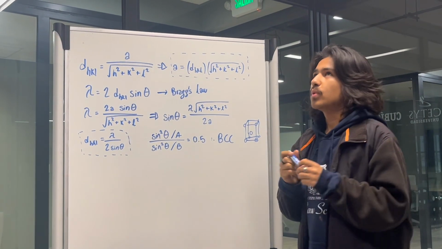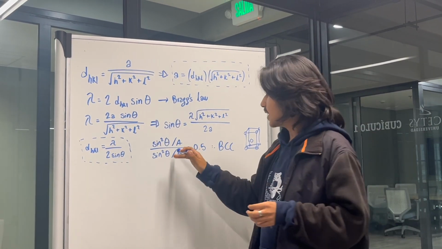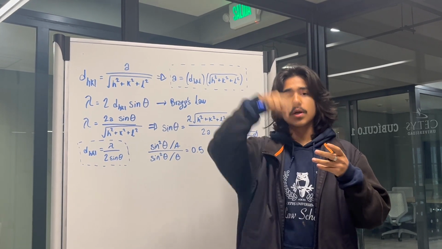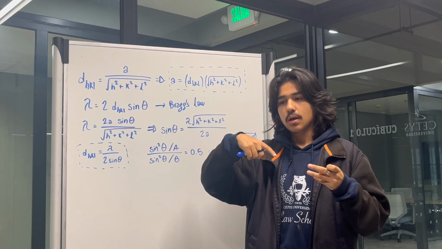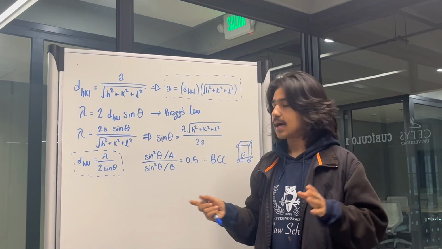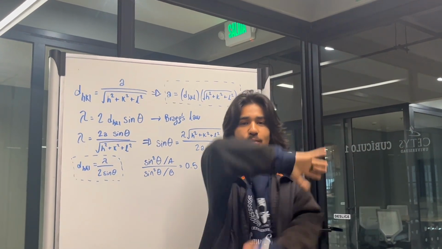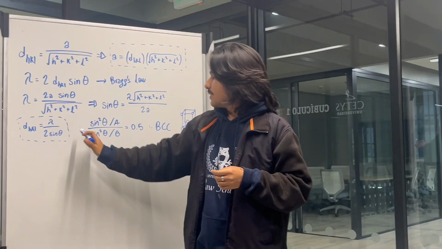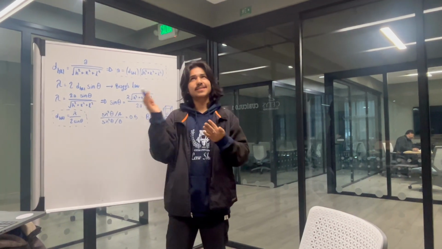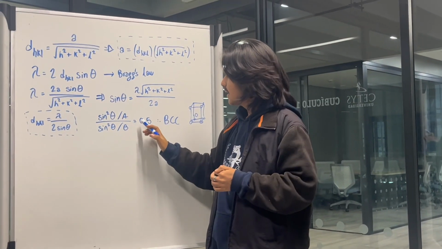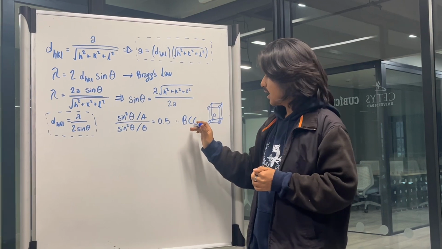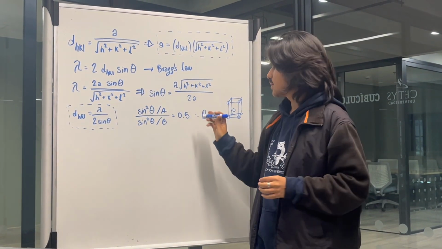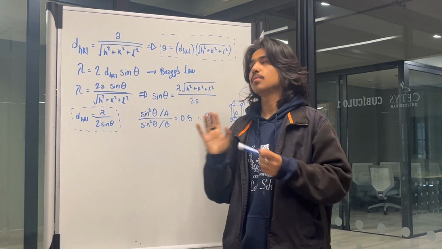First of all, we learned in class that the squared sine of theta at one peak of the X-ray diffraction graph that Vesta showed, divided by the squared sine of theta at another peak, if it's 0.5, it will be a BCC unit cell structure. But if it's 0.75 or approximately, it will be an FCC cubic structure.